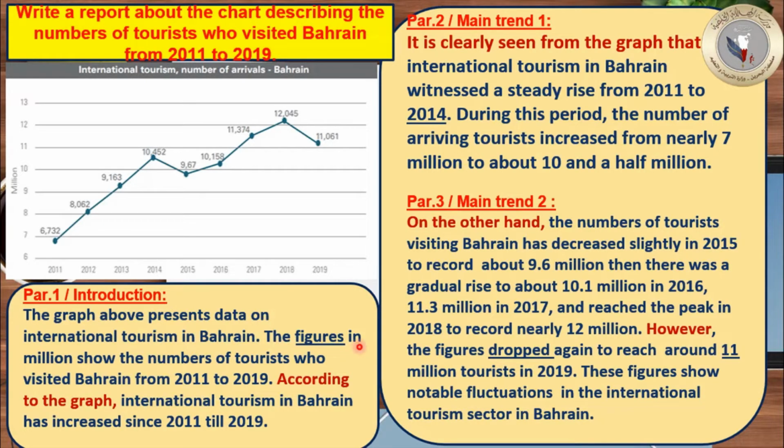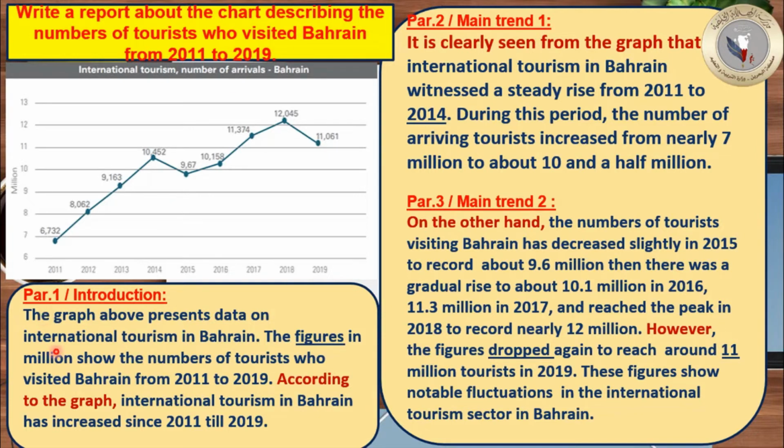The figures in million show the numbers of tourists who visited Bahrain from 2011 to 2019. Look here. What I did now, I changed the style of this rubric to this one.